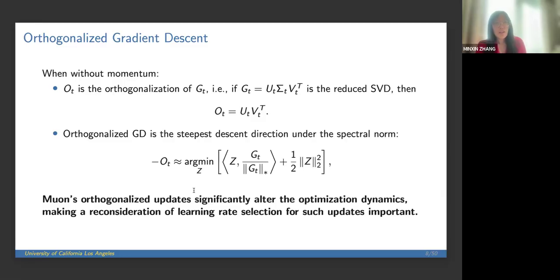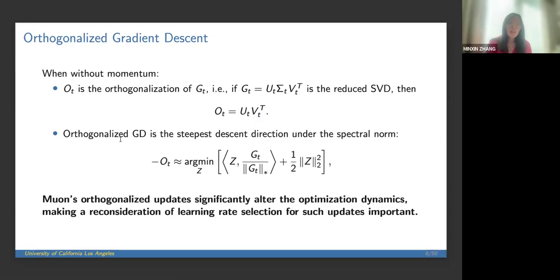Compared to standard gradient descent, which uses the gradient matrix G_t, if this G_t has a reduced SVD decomposition, U_t Sigma_t V_t transpose, then the orthogonalization of this gradient matrix is simply U_t times V_t transpose.